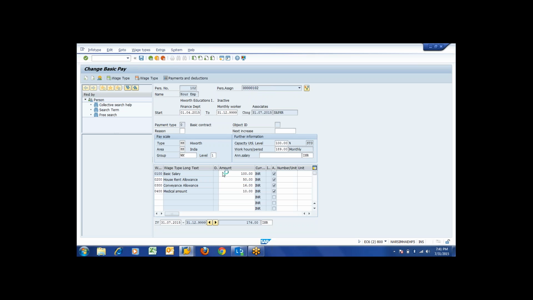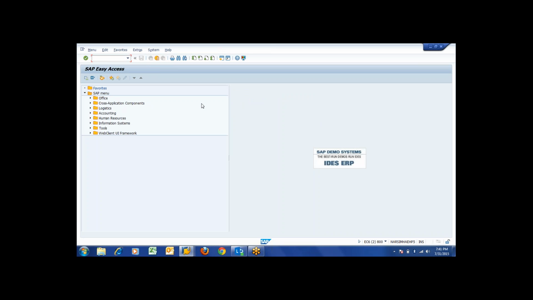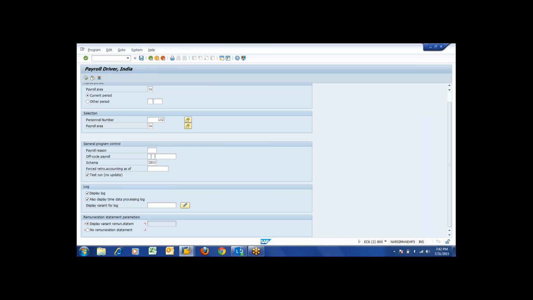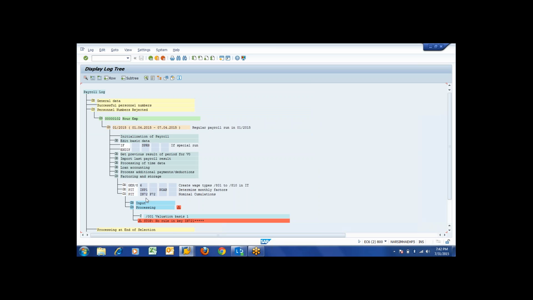We will process the payroll for the particular employee with a standard schema and we will see how the process will happen. For workers, anyhow, we have to copy some schemas and work on that.